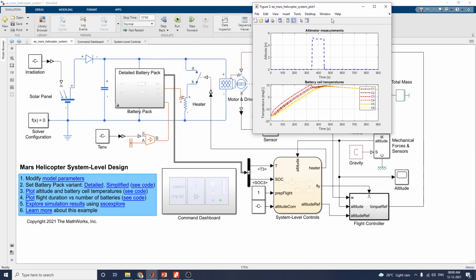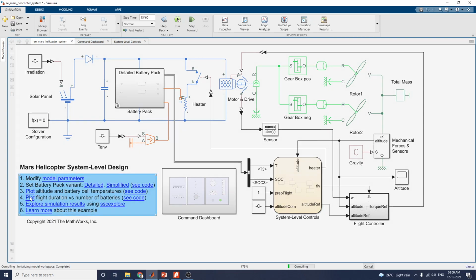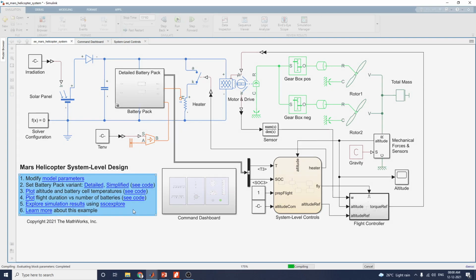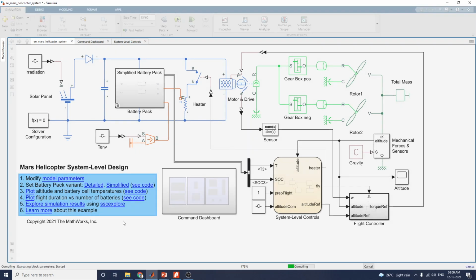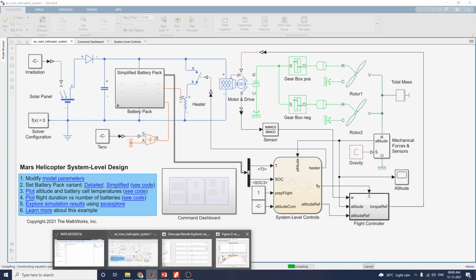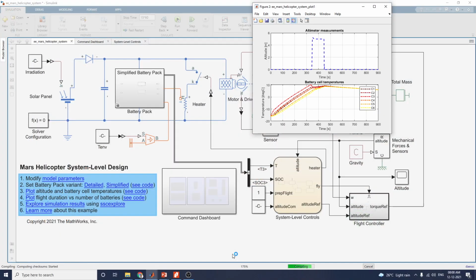This one shows attitude and measurements for the detailed battery pack, and then similarly the plot of flight duration versus number of batteries, because in this detailed battery pack there are 6 cells. Trajectories versus cell temperatures.